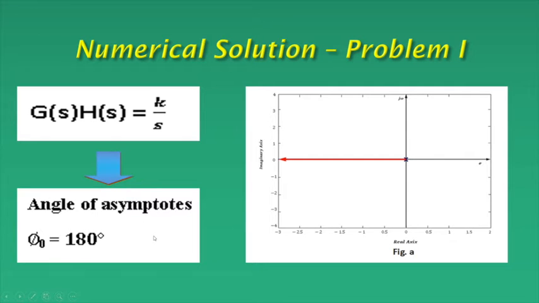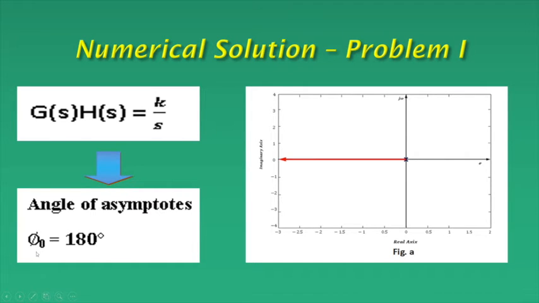Then find the angle of asymptote. We know that the formula of angle of asymptote is (2q plus 1) times 180 divided by p minus z. The number of poles is 1 and there is no zero. So p minus z equals 1. That means the number of asymptotes is 1.